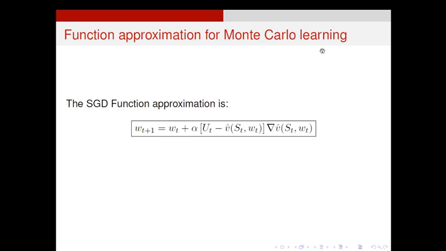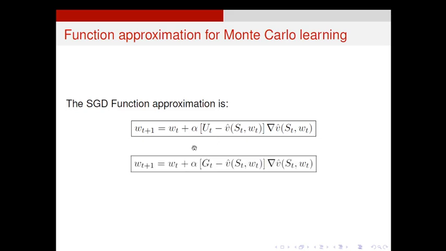Function approximation for Monte Carlo learning. What happens to this approximation formula when we apply Monte Carlo learning? Suppose we consider epsilon-constant Monte Carlo with the complete return of an episode, Gt. So instead of this Ut, we just substitute our Gt. Look at the difference. This is our original formula with Ut as an unbiased estimate.